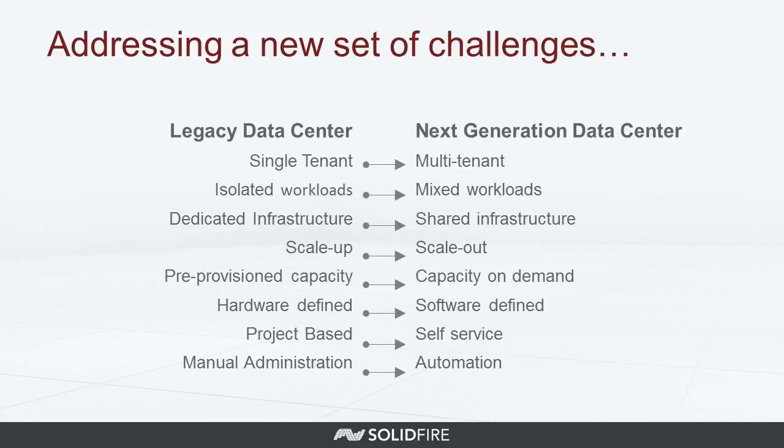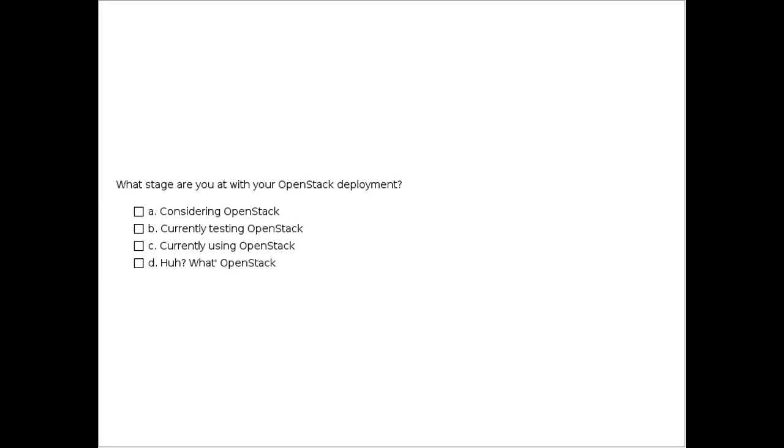That's going to bring us to our second polling question here. The polling question is, what stage are you at with your OpenStack deployment? We've given you four responses here. That you're considering OpenStack, that it's something you've got on your radar, maybe you're in the process of getting budget for it.